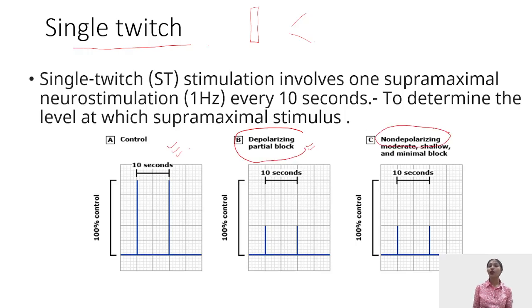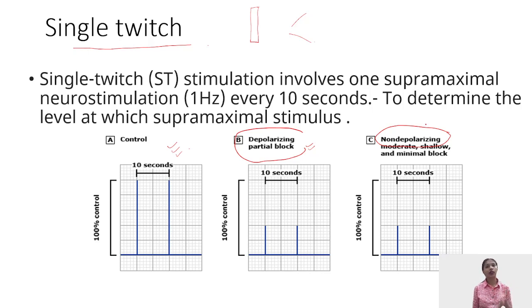Thus, this neuromuscular monitoring cannot help us distinguish between your phase 2 non-depolarizing blocks versus your depolarizing blocks, because it is not going to show any fade phenomenon, and only the amplitude of the twitch is going to decrease.